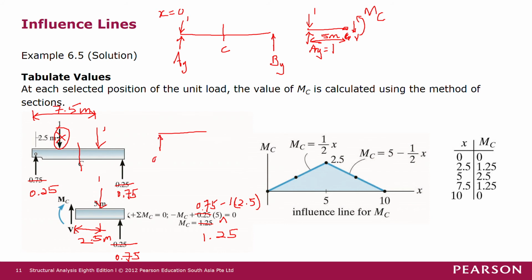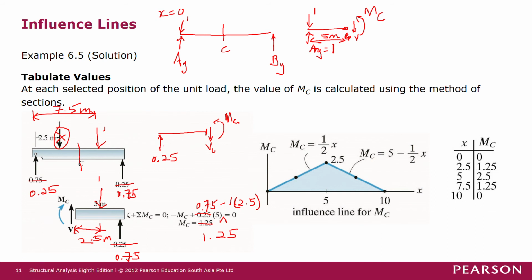And then alternatively, if you use the other side of the free body diagram, we have 0.25 here, and then we have VC and MC like this. Okay, so in this case, the 1 kilonewton force does not appear here. See? So in this case it is much easier.